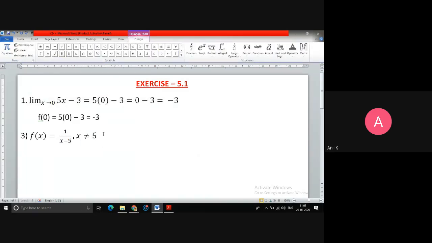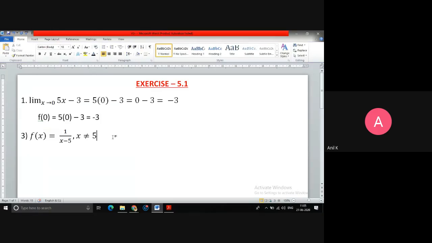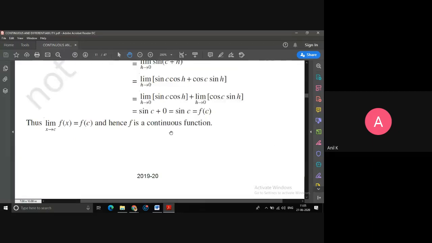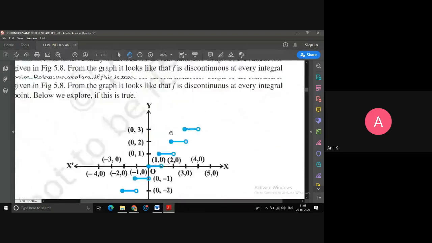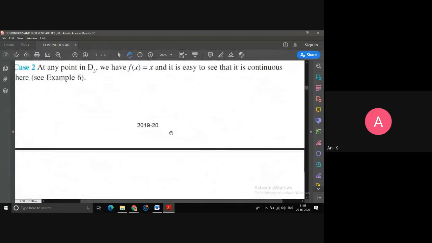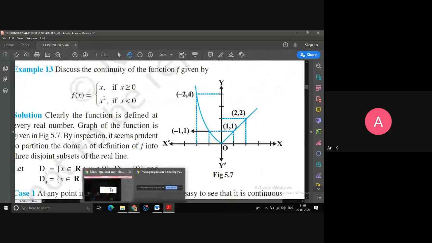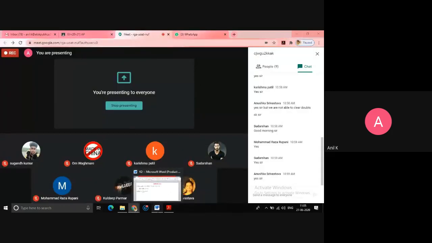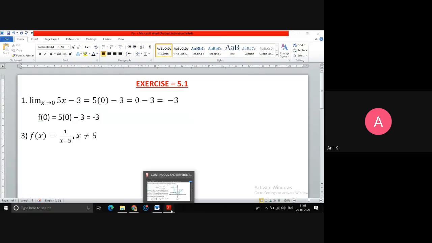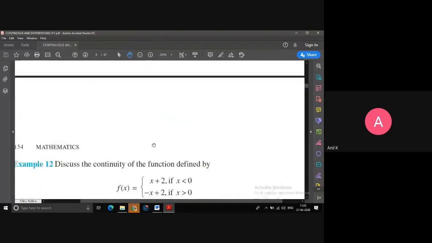Now, how do I check? I think we already solved this example in the last class. That's the denominator function. Did we solve it in the last example question anywhere?